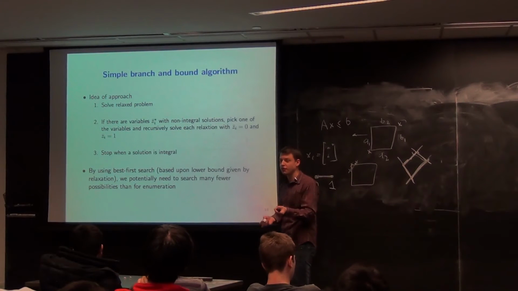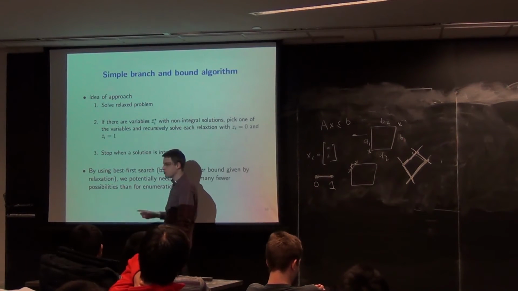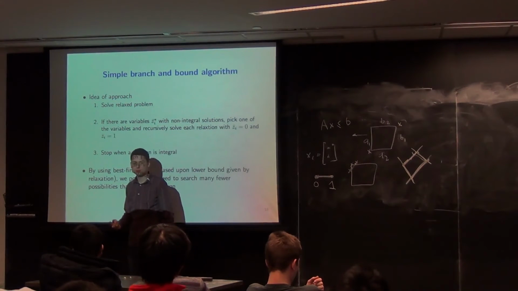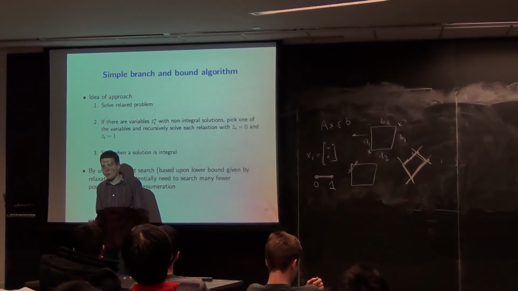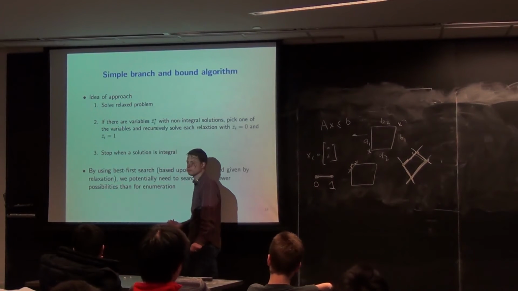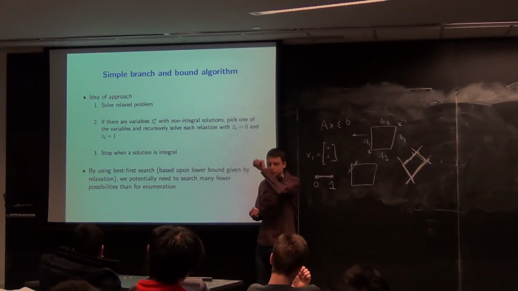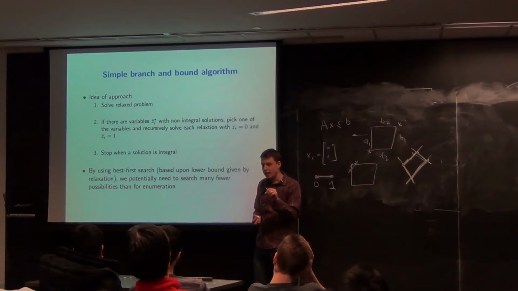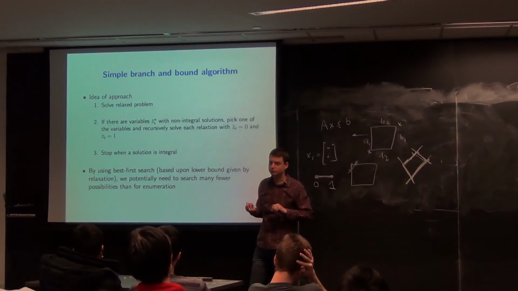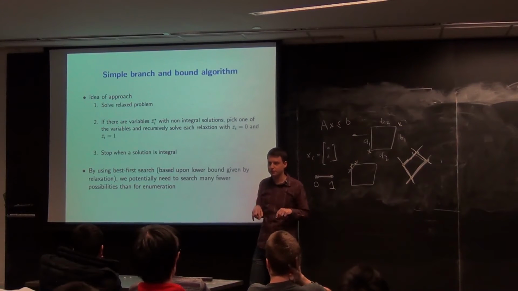If they're not all integer valued, then you pick one of the variables that is fractional, and you do what's called a split or a branch on this variable. You explore one branch where you set that thing to be equal to 0, and another branch where you set that to be equal to 1. And you solve these new subproblems recursively.